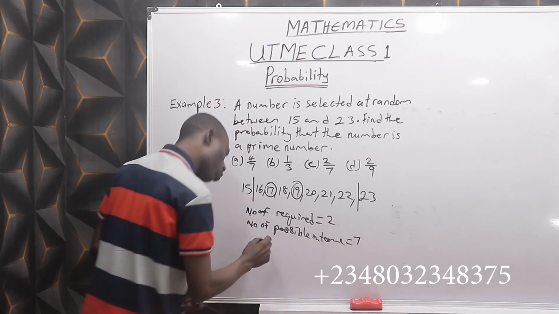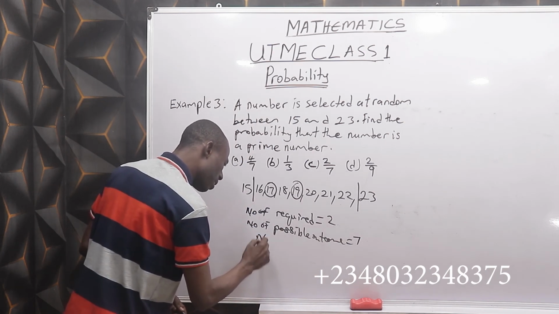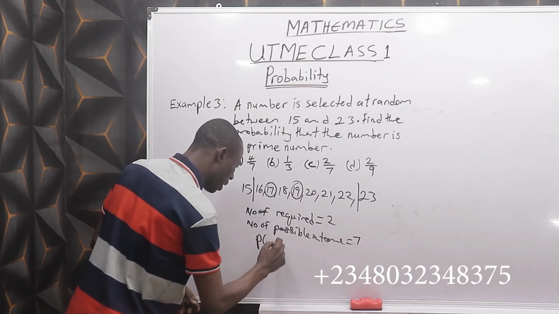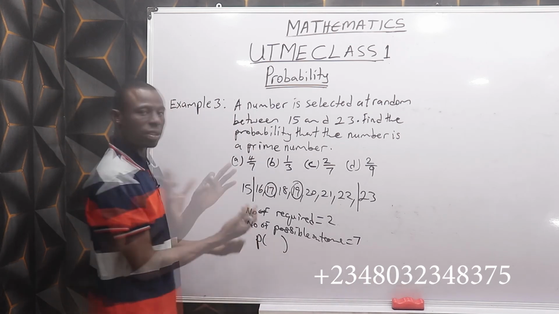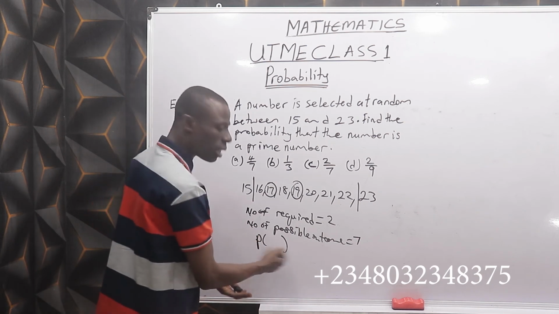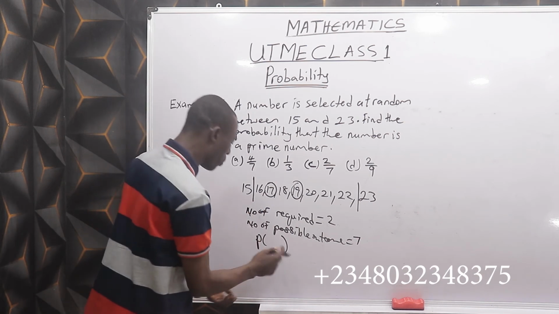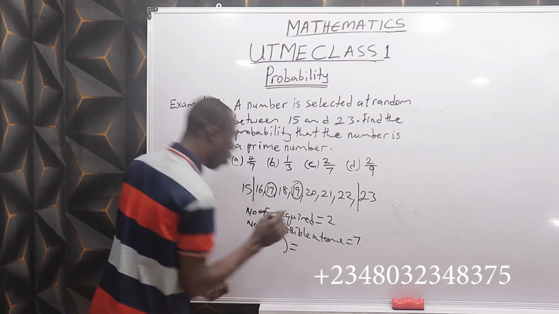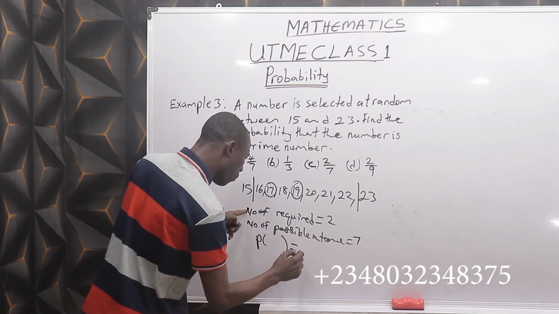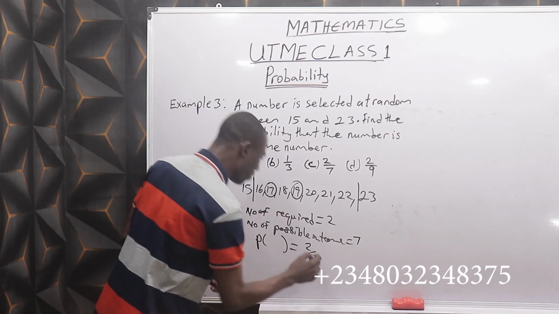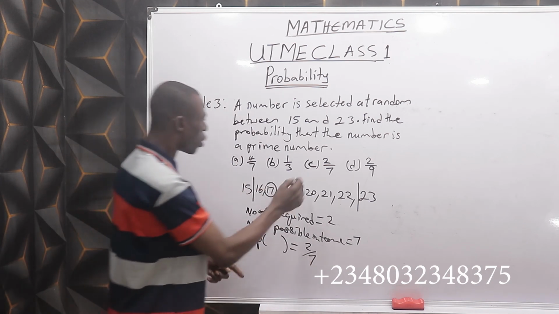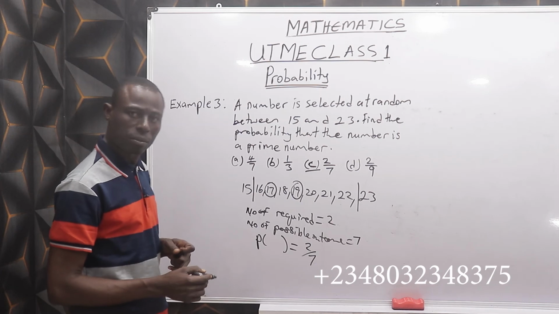Don't forget probability of that. I don't want to be wasting our time by putting something in this. We are dealing with objective questions, so we don't need to be writing that kind of epistle. The probability will be equal to number of required outcome 2 over number of possible outcomes 7. So the correct option will be option C, as you can see.